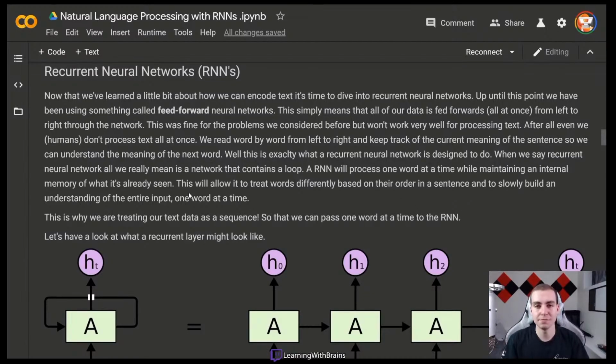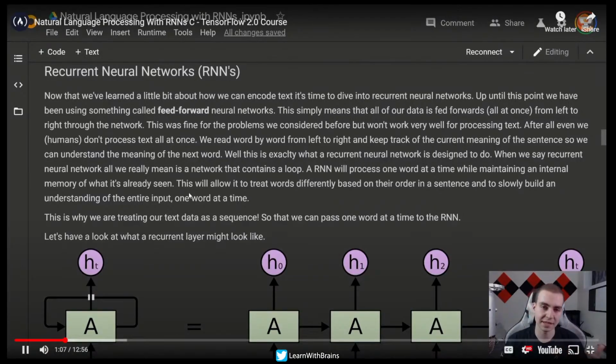What this really means is that the recurrent neural network does not process our entire data at once. So it doesn't process the entire training example or the entire input to the model at once. What it does is process it at different time steps and maintain what we call an internal memory, or internal state, so that when it looks at a new input, it will remember what it's seen previously.